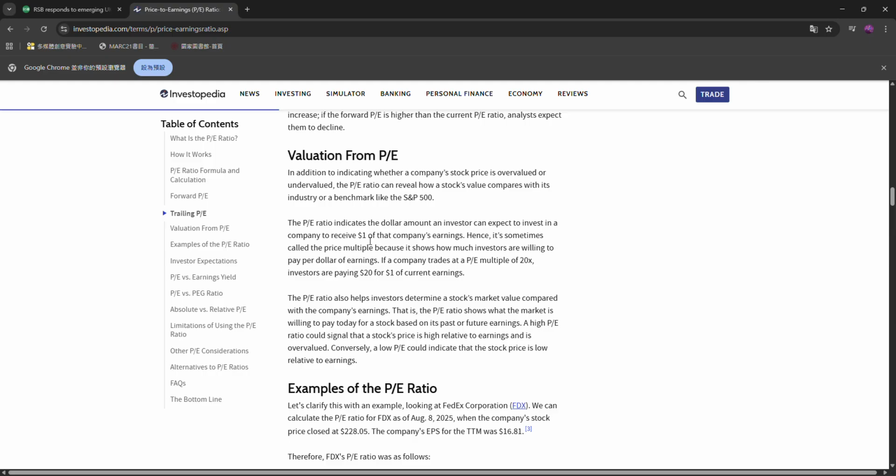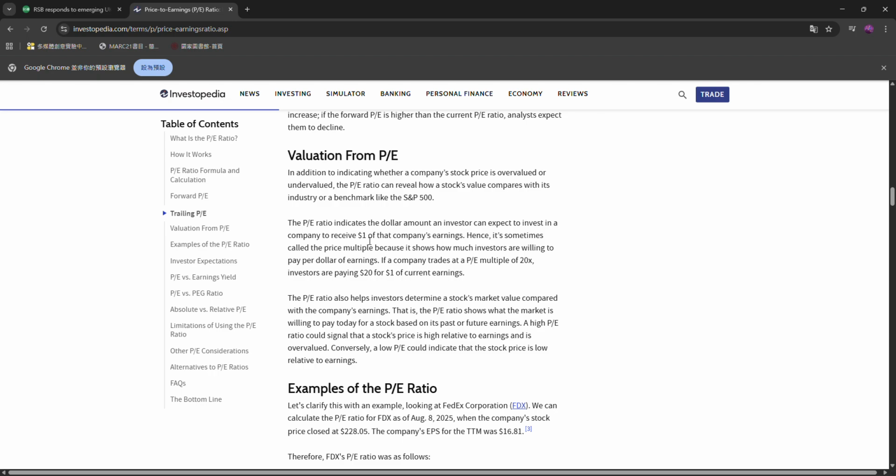Hence, it's sometimes called the price multiple, and can show how much investors are willing to pay per dollar of earnings. If a company trades at a PE multiple of 20x, investors are paying $20 for $1 of current earnings.